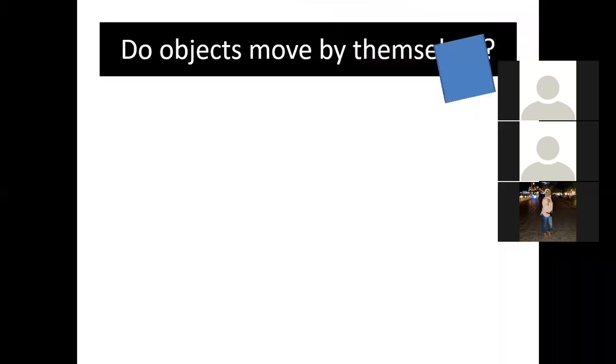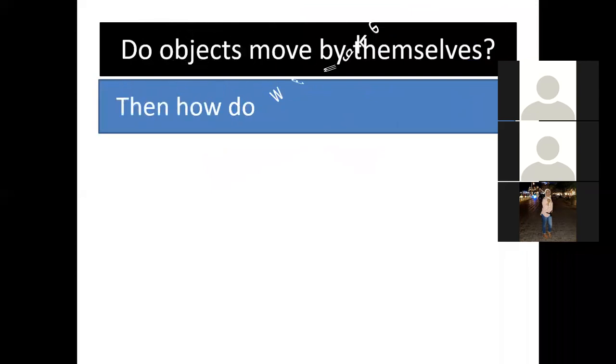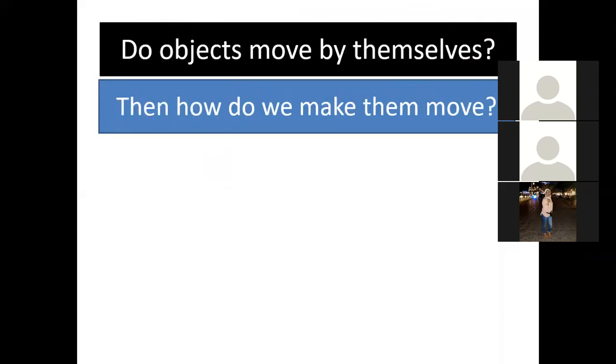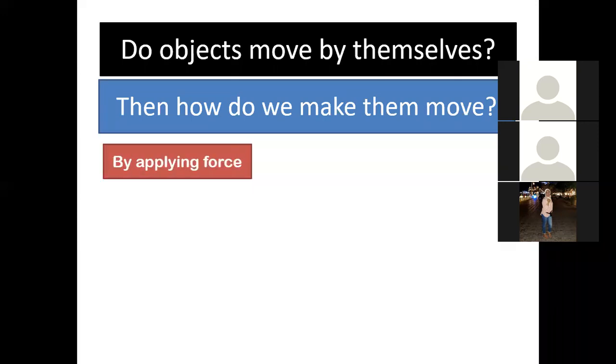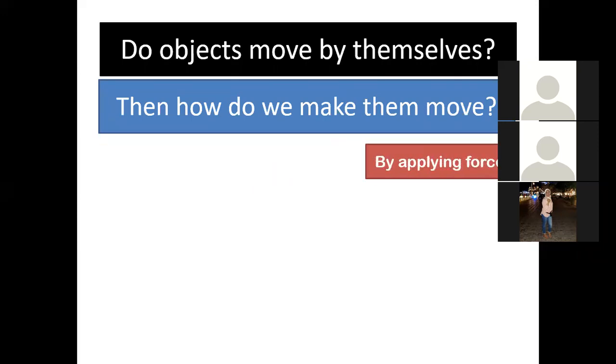So the objects don't fly, they have to be subjected to a force, which means that a force should be applied to them in order to move from one point to another. So any object in the world moves by applying a force to it.